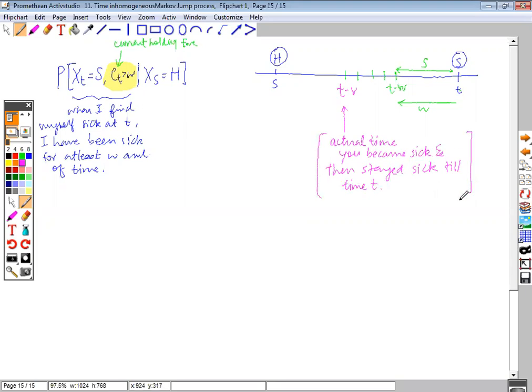Just to make our analysis better, we'll introduce this other time, which we do not know, right? Because the only thing that we know is that this current holding time is greater than W. So it could be this W, it could be this, or this, or this. So this T minus V is the thing that is varying now.